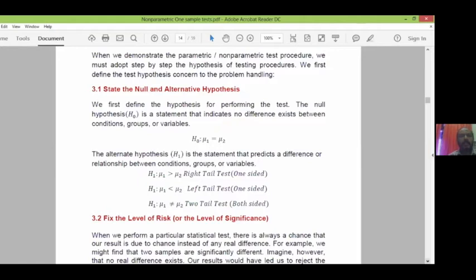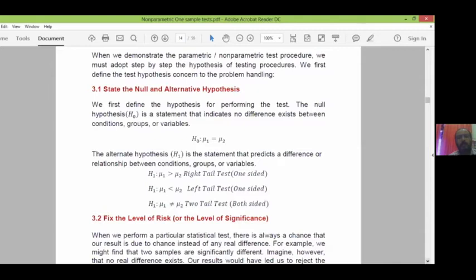The null hypothesis is a statement that indicates no difference exists between conditions or groups or variables. So we define H naught: mu1 is equal to mu2, and its alternative is called the alternative hypothesis, H1. There is a possibility mu1 may be greater than mu2, mu1 less than mu2, or mu1 is not equal to mu2.